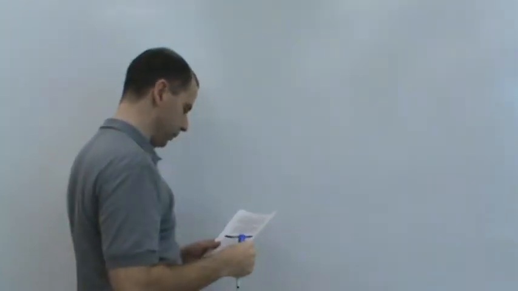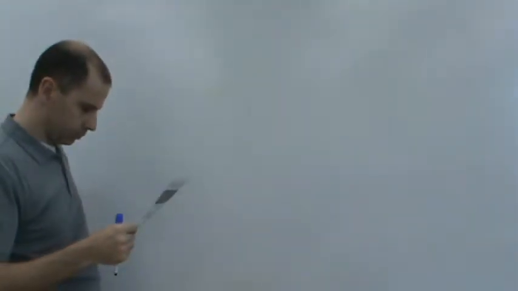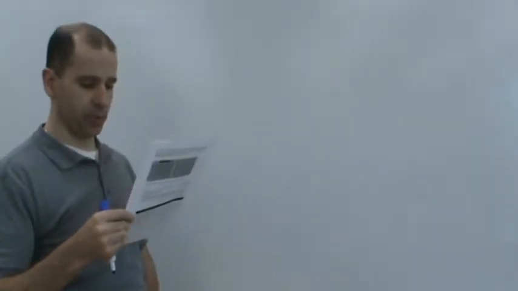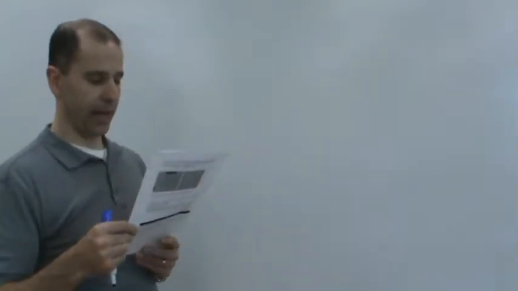So let's do an example. A consumer group asserts that the proportion of households that have 3 cell phones is 30%. A cell phone company has reason to believe that the proportion is more than 30%. Before they start a big advertising campaign, they conduct a hypothesis test.